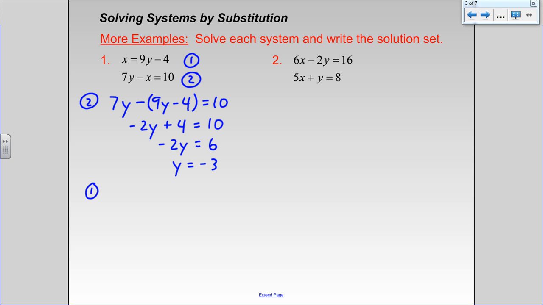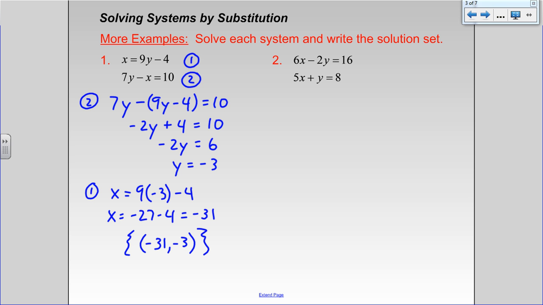Now we can go back to equation 1 and substitute negative 3 in place of y, to obtain x equals negative 31. Therefore, our solution is the ordered pair negative 31, negative 3. Again, 1 point in our solution set, so we have intersecting lines.